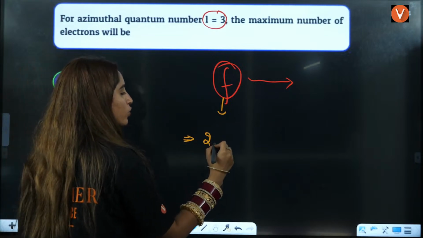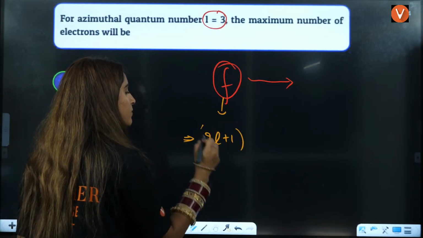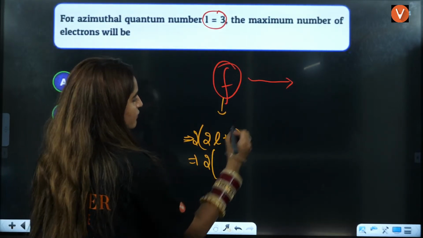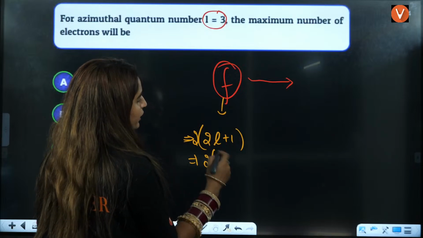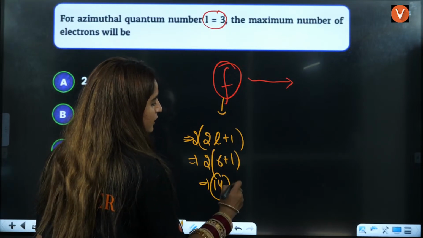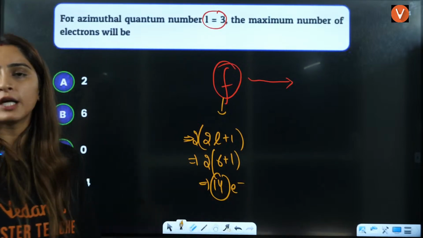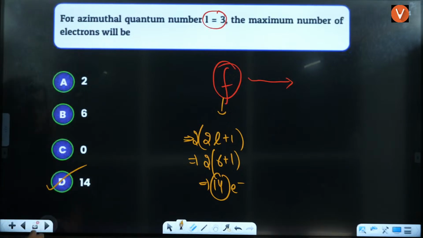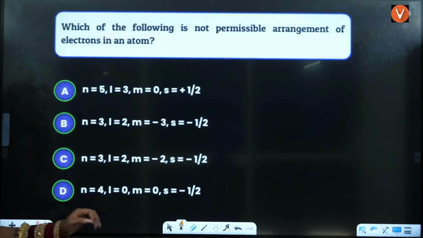That will be 2l plus 1, that is the number of orbitals. 2 into 3 is 6, plus 1 is 7, and 7 times 2 is 14. Either you can do this, or you already know that in the f orbital you have 14 electrons, right? So answer will be D, the correct answer, right?